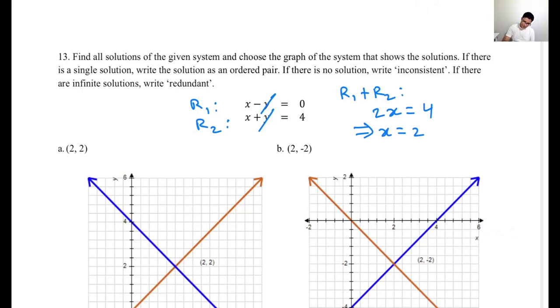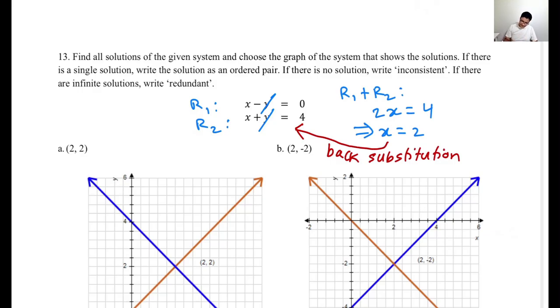You can then do one of two things. This is called back substitution. Back substitution is you find the value of a variable, take it back and put it in one of the original equations.